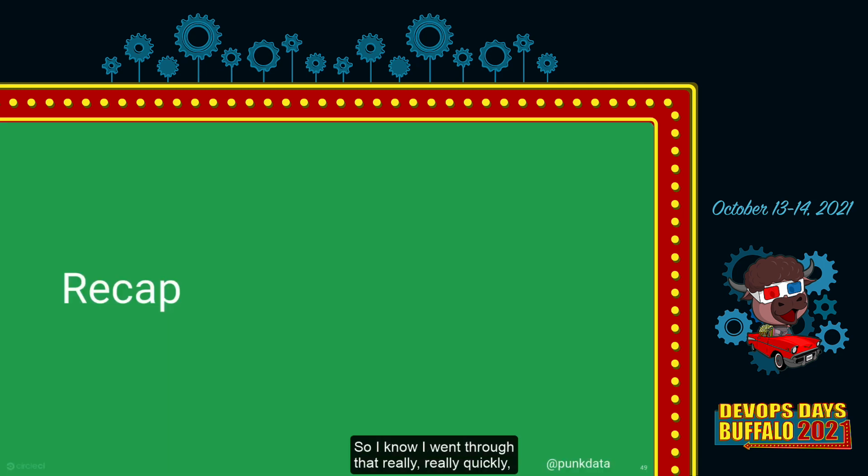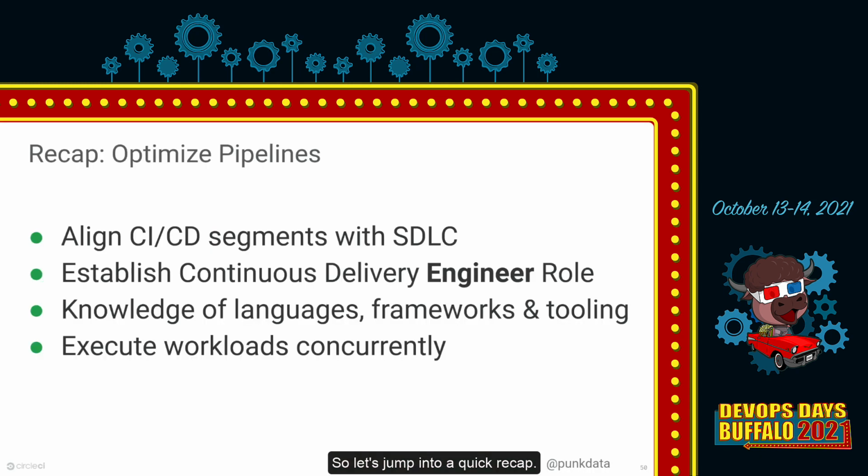I know I went through that really quickly, but I definitely want to recap the things I want you to take away from this presentation. So let's jump into a quick recap. First, we want to align our CI/CD segments with our software development lifecycles.